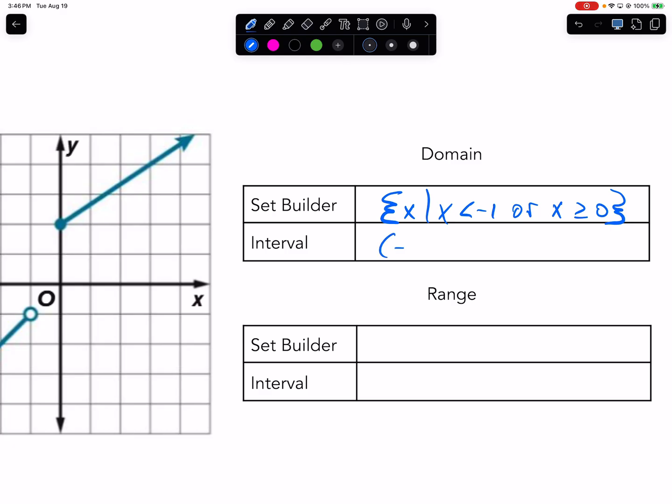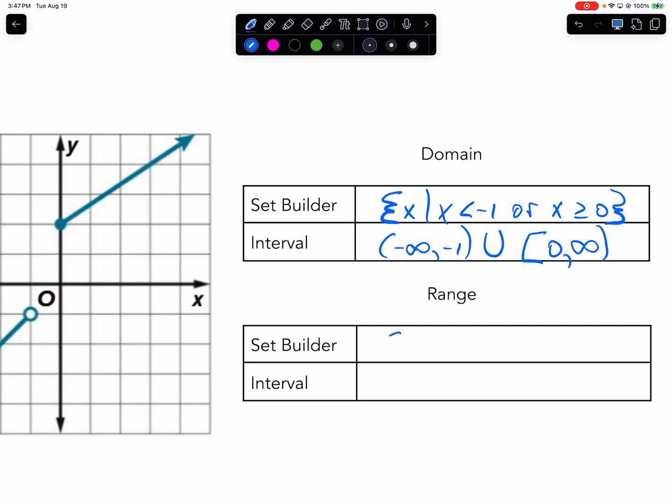Interval notation, it goes from -infinity to -1. And then union, that big U thing, means it also includes, it starts at 0 because it's squared off because it includes 0, and it goes to infinity. Always curved at infinity.